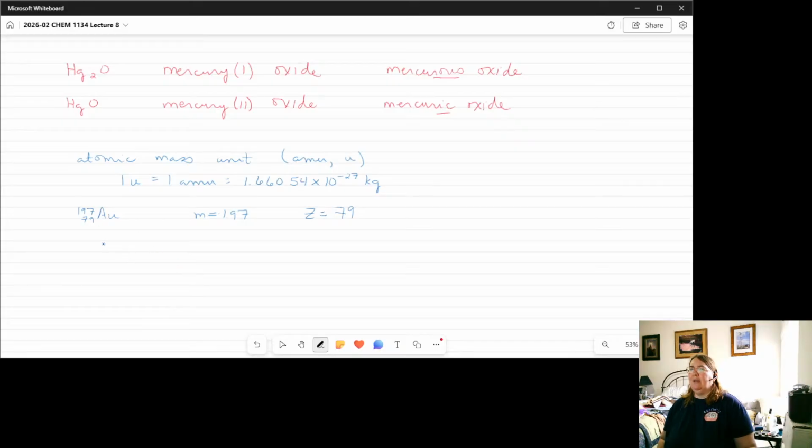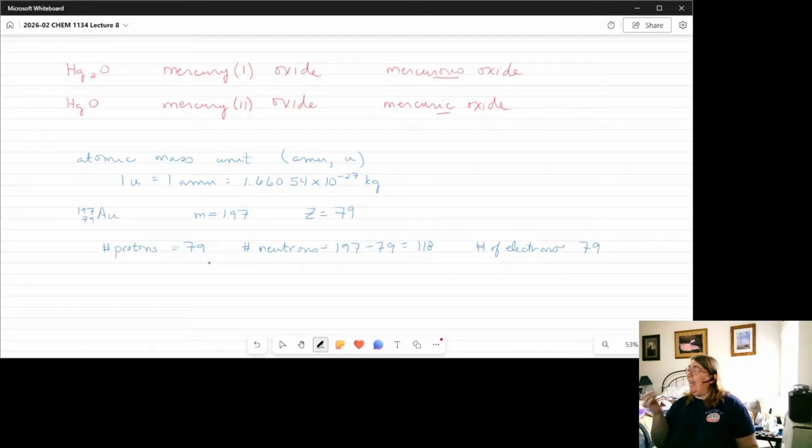And that means for metallic gold, which is neutral, the number of protons is 79. The number of neutrons is 197 minus 79, or 118. And the number of electrons, since this is neutral, is 79.